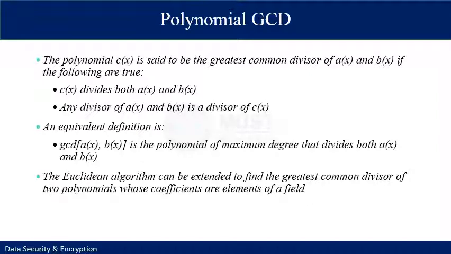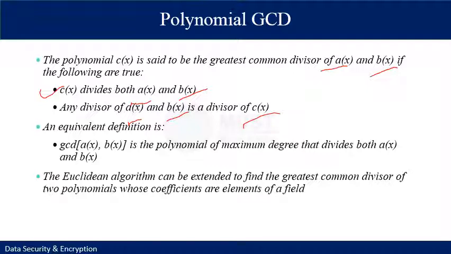We can extend the analogy between polynomial arithmetic over a field and integer arithmetic by defining the greatest common divisor as follows. The polynomial c of x is said to be the greatest common divisor of a of x and b of x if the following conditions are true. c of x divides both a of x and b of x, and any divisor of a of x and b of x is also a divisor of c of x.